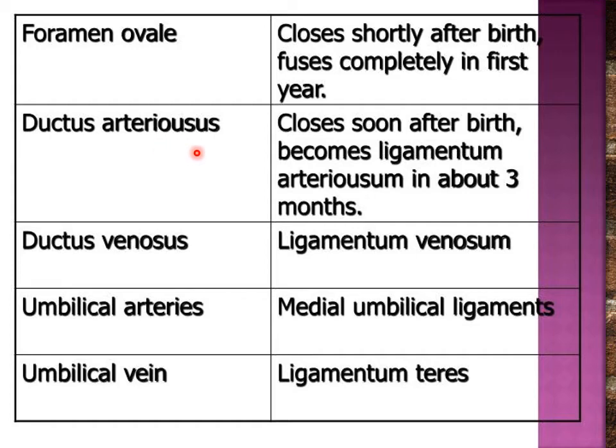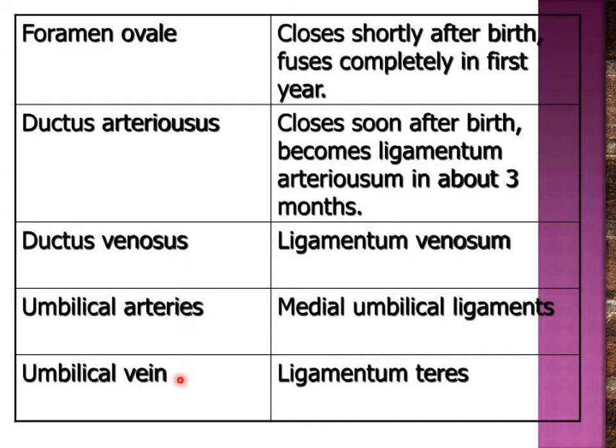It also induces closure of the ductus arteriosus by contraction of the muscle in the wall of this channel. So it becomes the ligamentum arteriosum. It closes soon after birth, but to become a completely fibrosed ligament, it takes 1 to 3 months. So after 3 months of birth, it has completely become ligamentous. So this is the ligamentum arteriosum in adults.